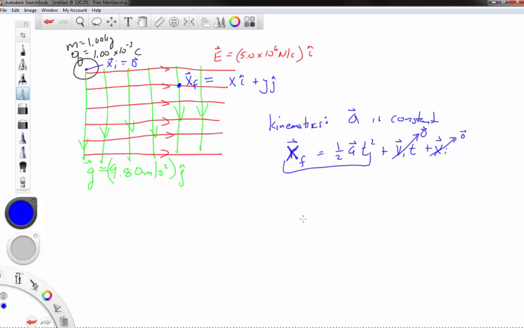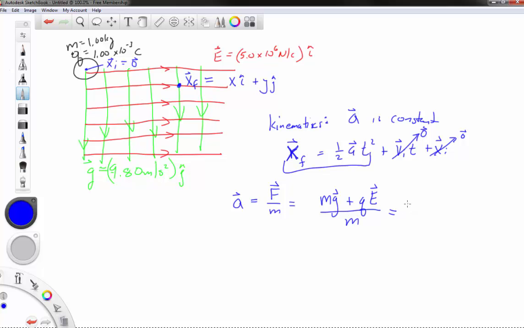So it's really this part right here that we're worried about. How do you get the acceleration? Well, acceleration is force per unit mass. So in the context of this, we basically have m times g plus q times E, over m.